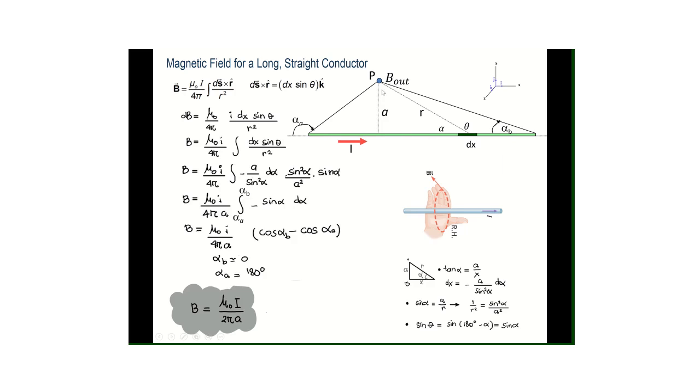We want to find the magnetic field at point P from the conducting wire, and the distance is a. We can understand from the right-hand rule, if we want to find the magnetic field at the position P, then the direction of magnetic field is out of the page.